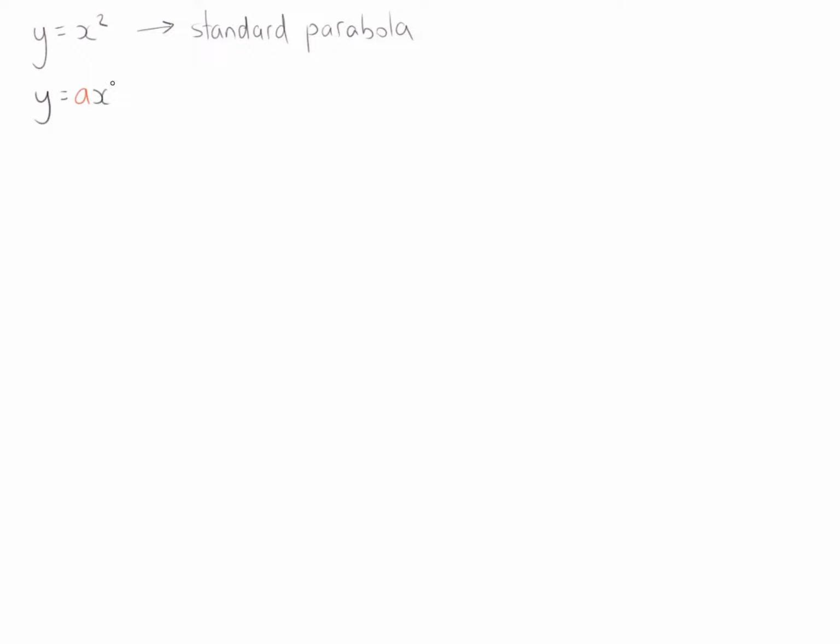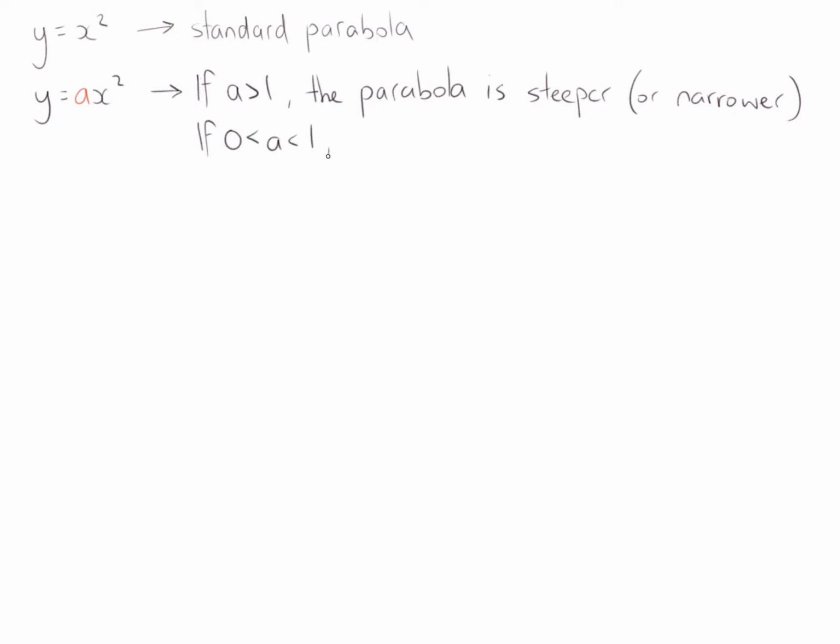What happened? Well, if a was set to be bigger than 1, the parabola got steeper or narrower than the original. If we set it to be smaller than 1, but still bigger than 0, say half, the parabola got flatter or wider.